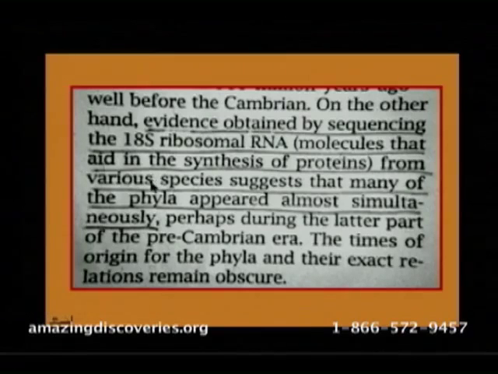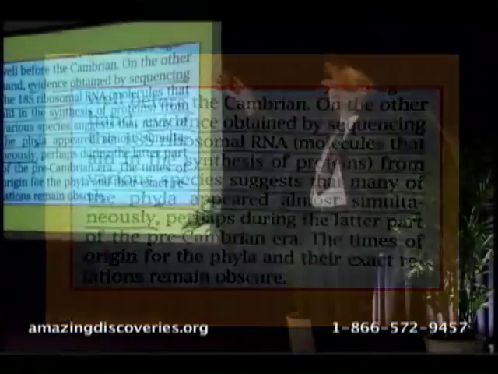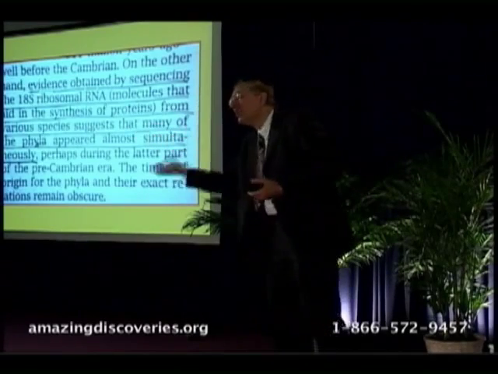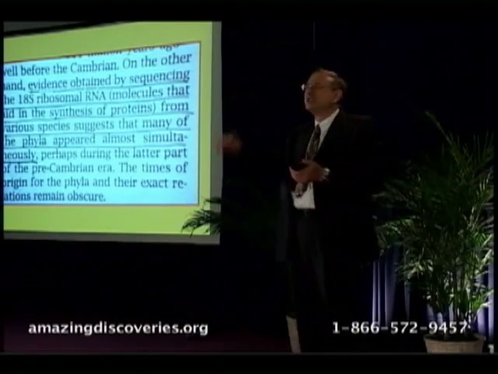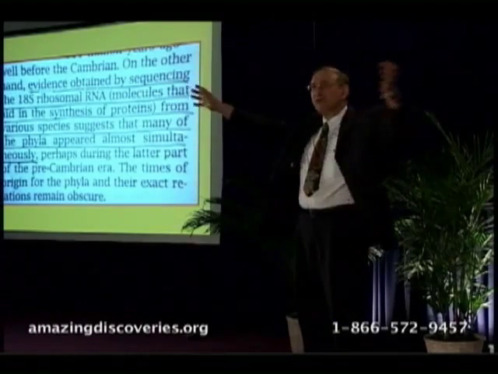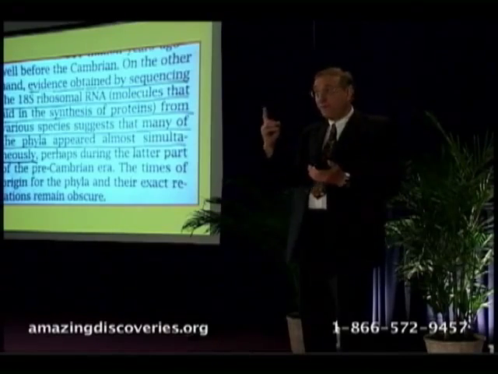that suggests that various species and many phyla, now what's a phyla? That's a huge category of animal. For example, all the snails, all the slugs, all the marine mollusks, all the squids and the octopuses and all of that constitutes one phylum.